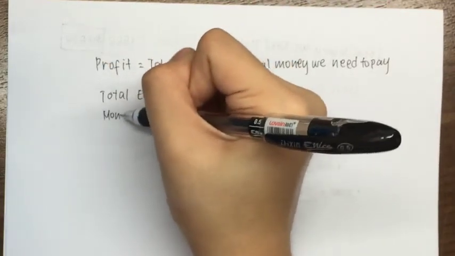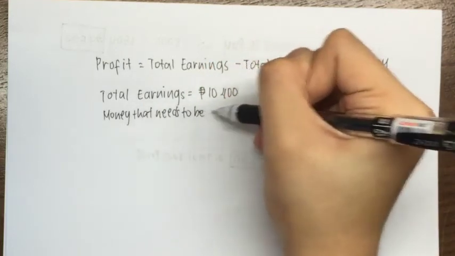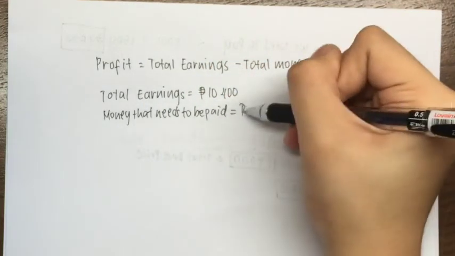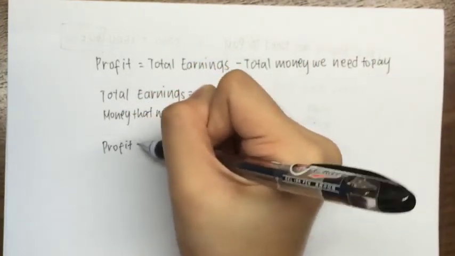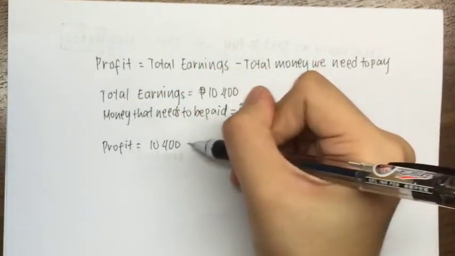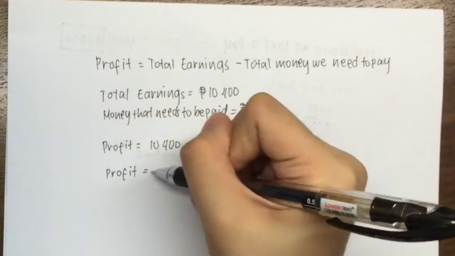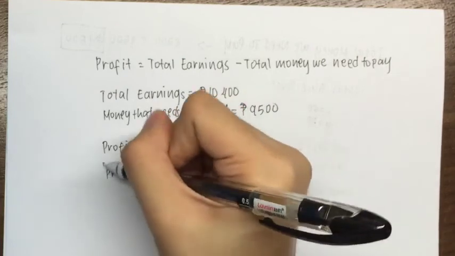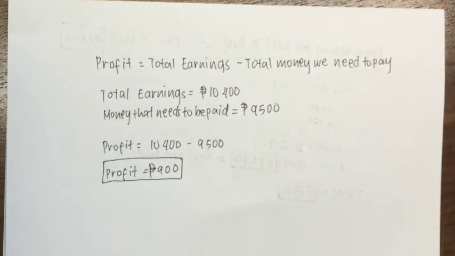So since our total earnings is 10,400 pesos and our money that we need to pay is 9,500 pesos, we get 10,400 pesos minus 9,500 pesos. This makes our profit 900 pesos, which is 30% of our total earnings.